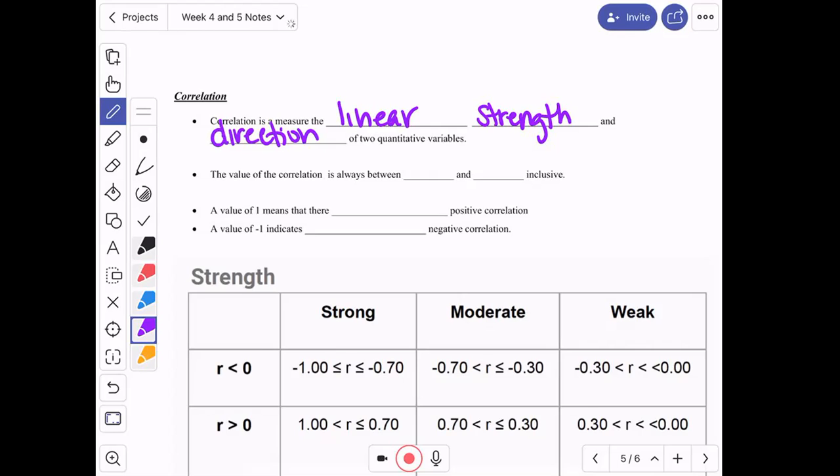So what do I mean by linear strength? Linear strength means how close to a line is the data. And we're going to quantify that number.